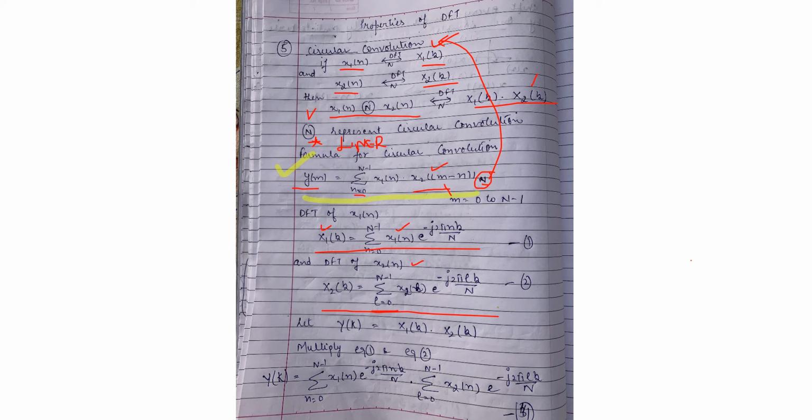We write n here and l here just to distinguish the two sequences. Now let Y of k equal X1 of k times X2 of k.